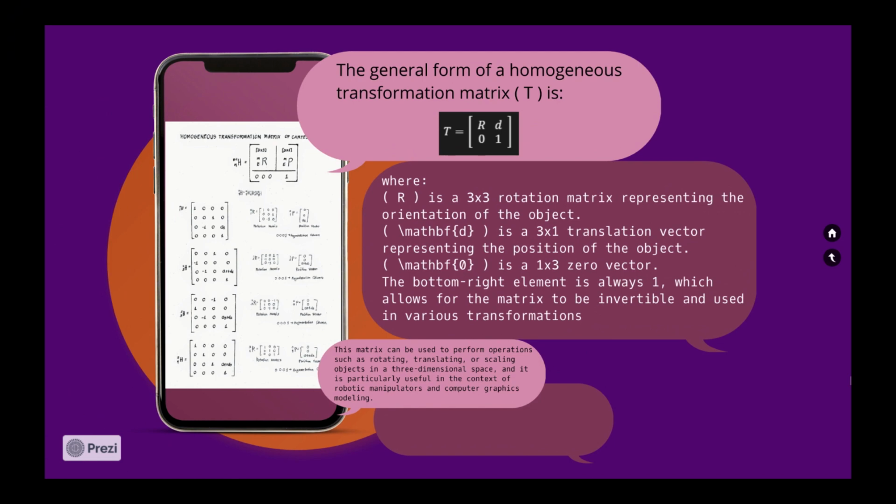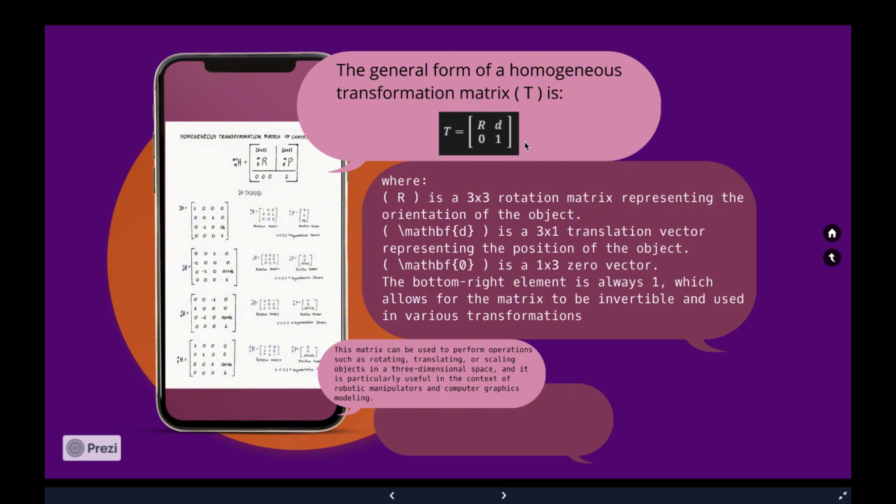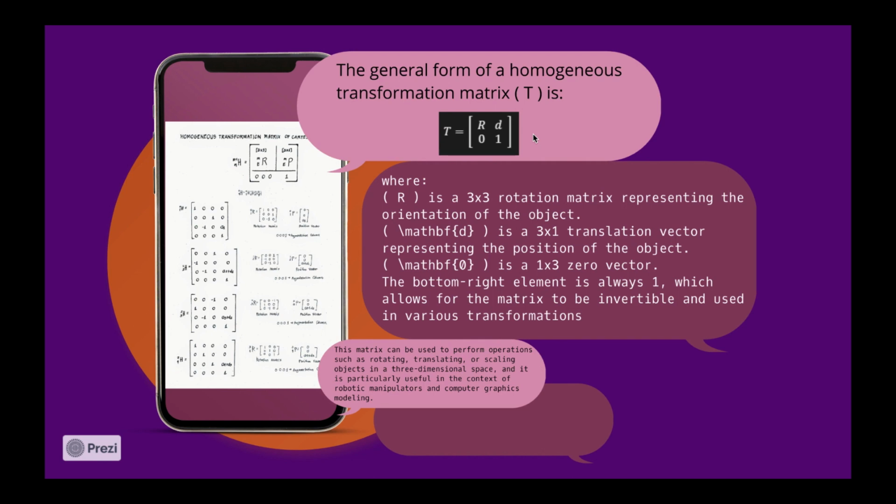The general form of a homogeneous transformation matrix T is like this, where R is a 3x3 rotation matrix representing the orientation of the object, D is a 3x1 translation vector representing the position of the object, and 0 is a 1x3 zero vector. The bottom right element is always 1, which allows for the matrix to be invertible and used in various transformations.